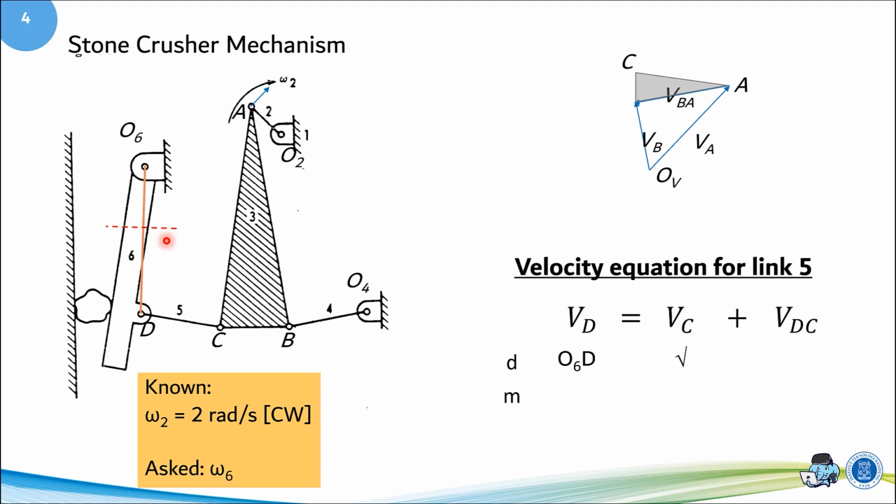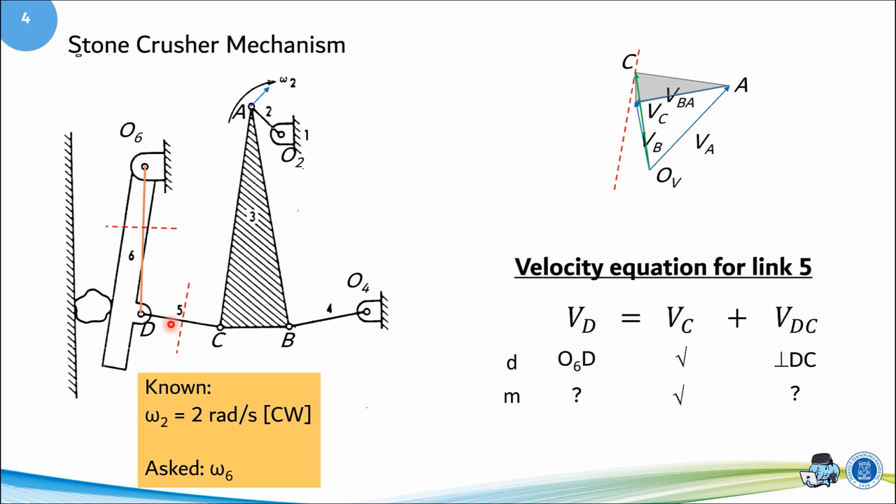So in the polygon, we already have the point C, so we know the direction of Vc. Next, we know the direction of Vdc, that is perpendicular to the line DC. We do not know the magnitude of Vd and Vdc, but we only know the magnitude of Vc. So here we have two unknowns, and we want to solve it by using the polygon.